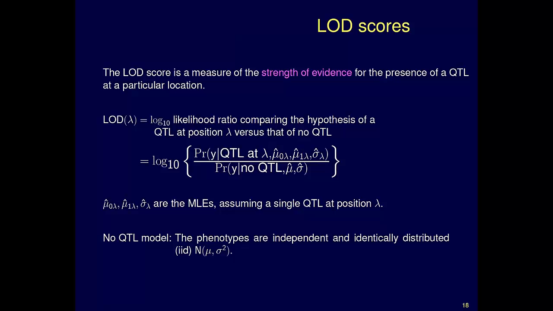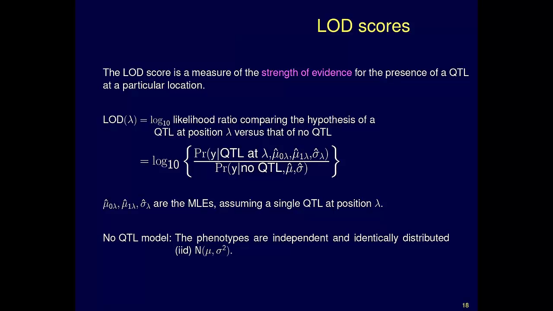So having obtained those estimates of the effects of the QTL, I calculate this LOD score, which is our measure of evidence for a QTL at a given position.